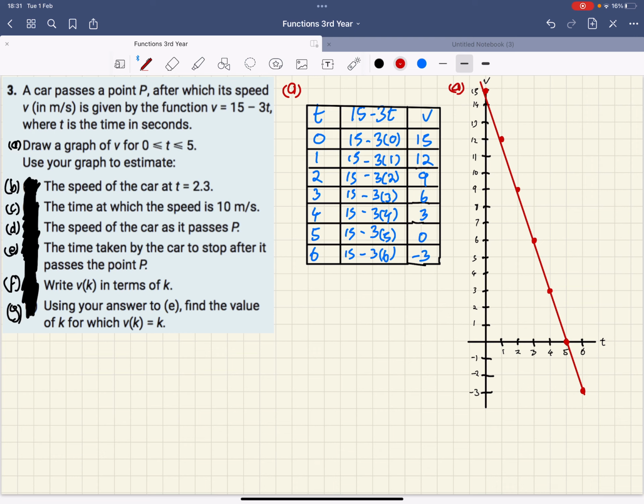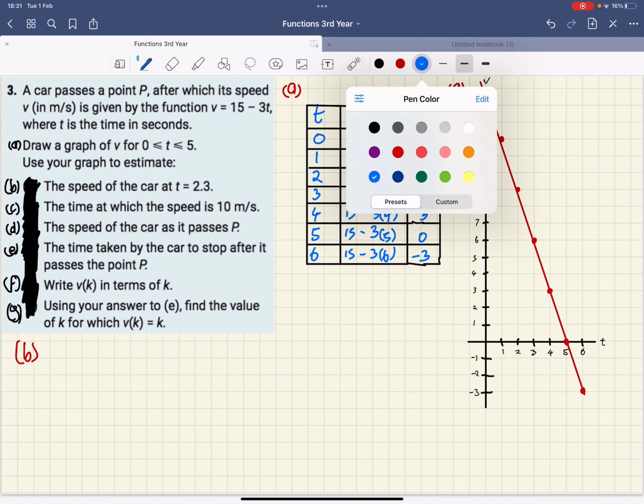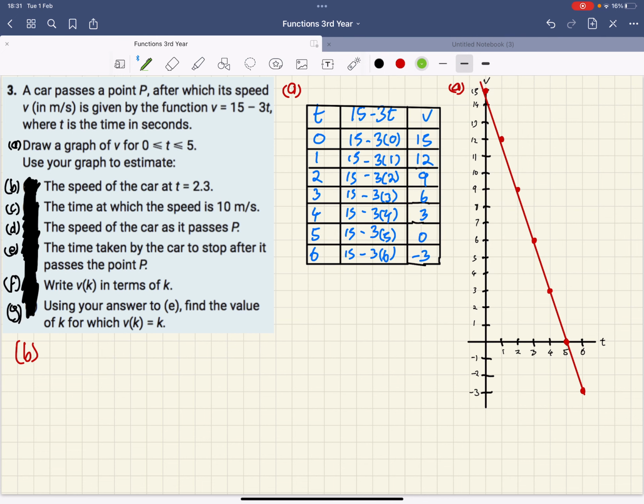Let's have a look at part B. Part B says use your graph to estimate the speed of the car at t equals 2.3. I'm going to use a green color for this. So t at 2.3 is roughly here.